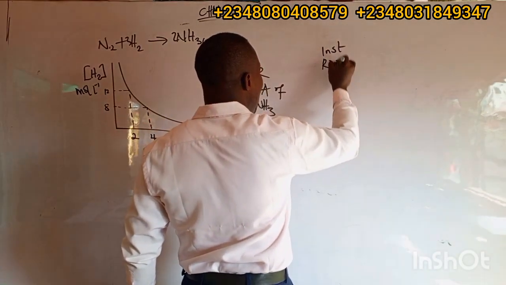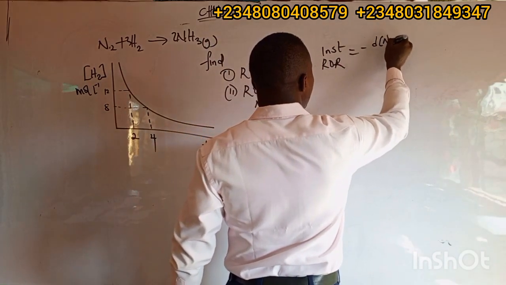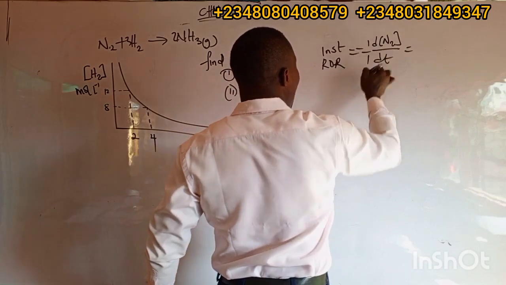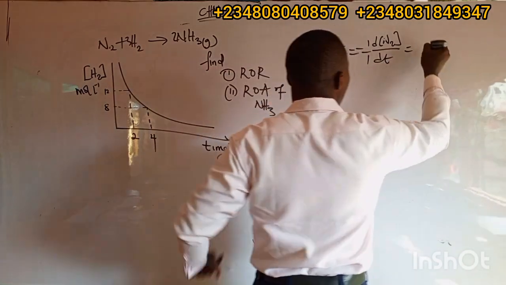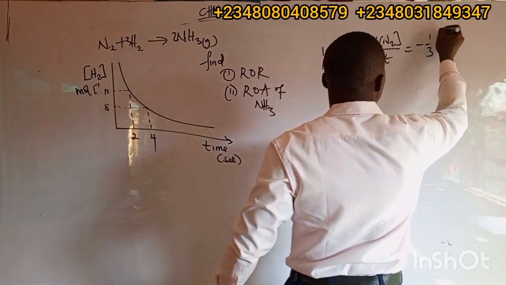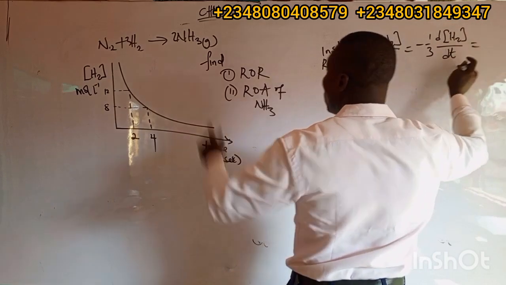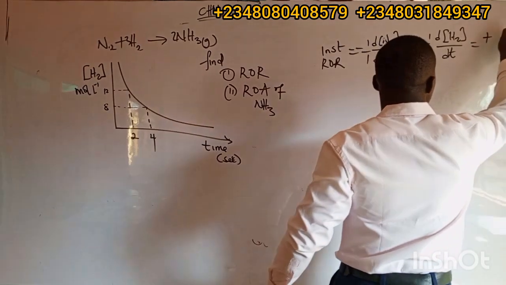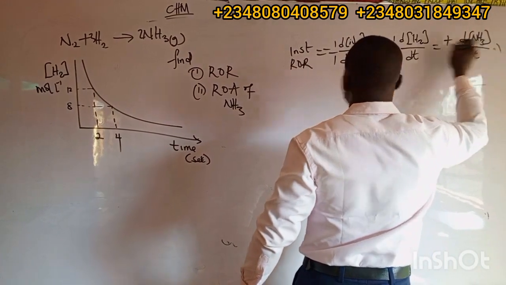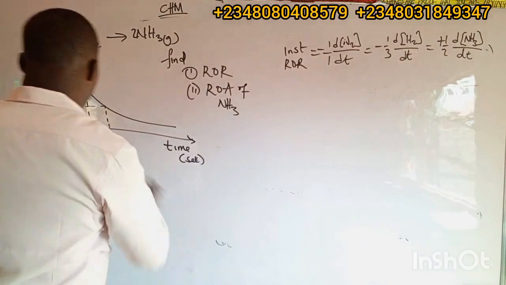For nitrogen, we have minus dN dt divided by 1 because of rate of reaction. For hydrogen, minus dH2 dt divided by 3 equals the instantaneous rate of reaction. For ammonia, increasing, positive, dNH3 dt divided by stoichiometry 1/2. Is it okay? Then from here, let us go back to this.